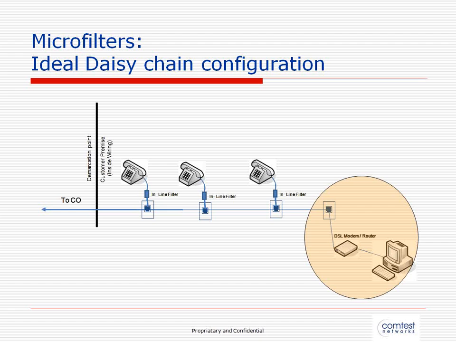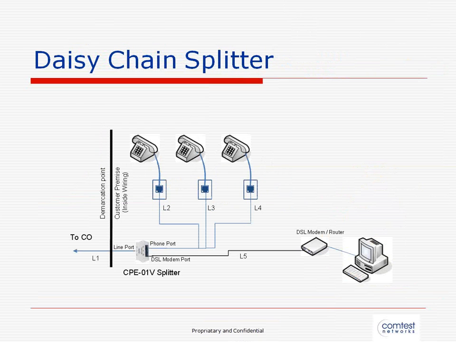By removing the chain after the modem, we have effectively removed the bridge tap. Next, we will look at the case of a master splitter in a daisy chain. Similar to what we discussed earlier, when the splitter is installed at the entry point, it isolates the home wiring from the DSL signals. A dedicated pair of wires is then run directly from the demarcation point to the modem.